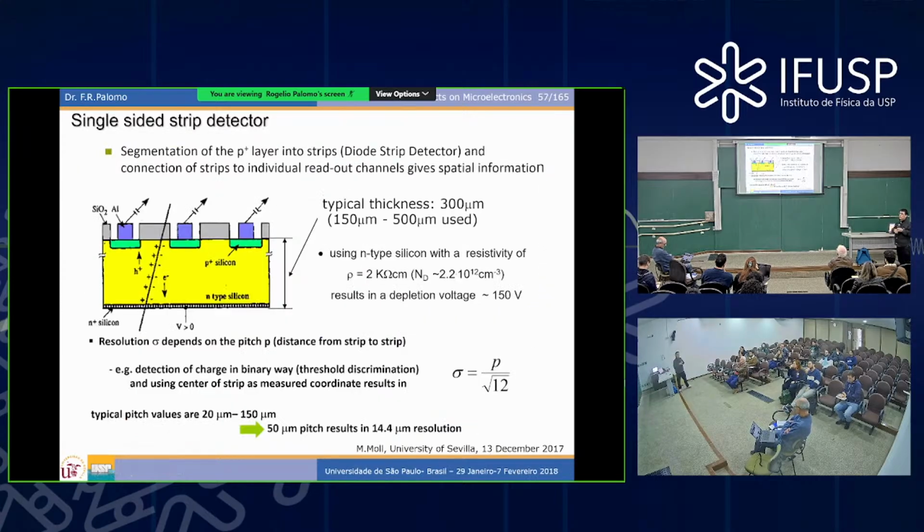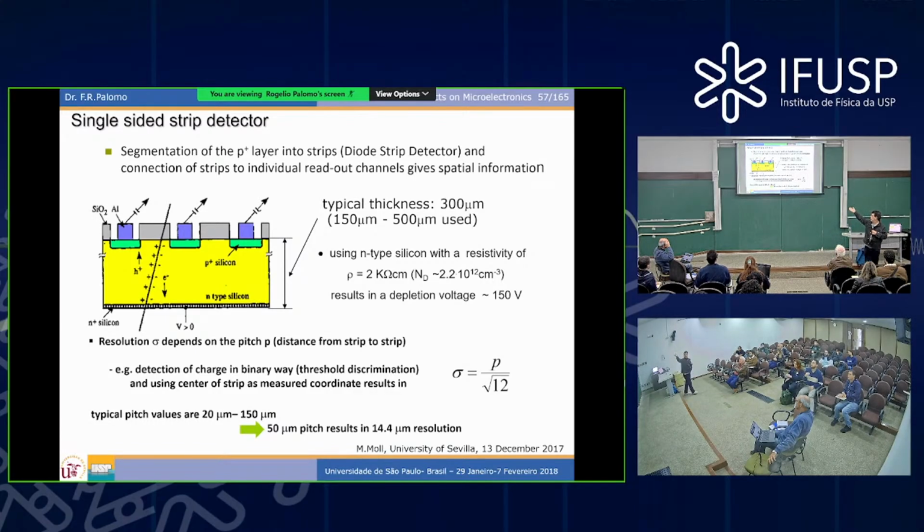Okay, let's go to detectors, also known as diodes. Don't forget that when you speak about detectors, we are talking about diodes. We use segmented diodes. Why segmented diodes? Because we are looking for spatial information, where the particle was hitting the device. One of the simplest things you can do is to make strips.